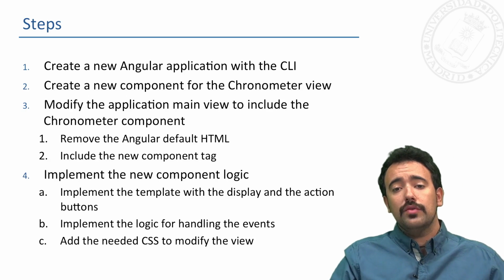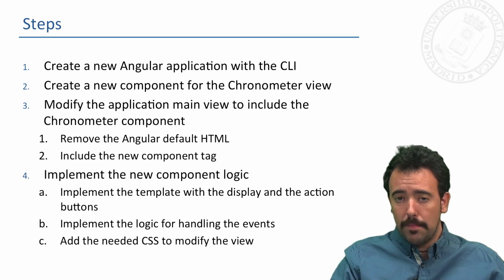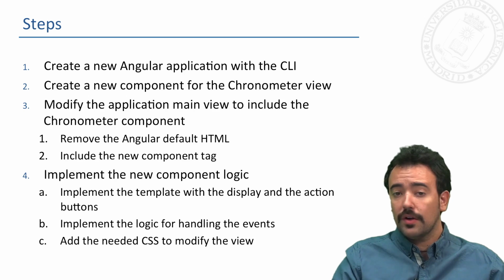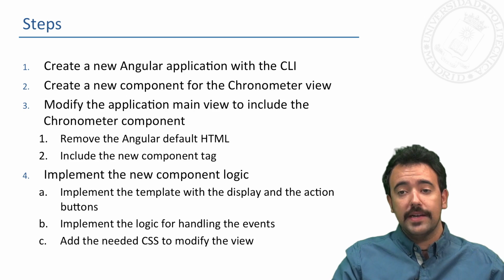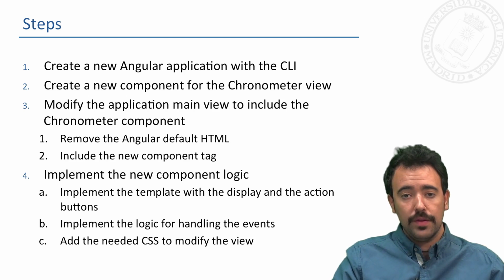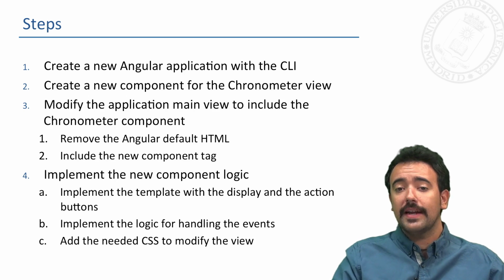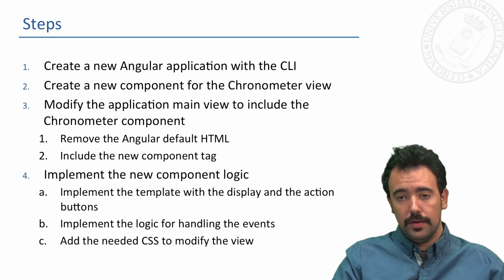The steps we are going to follow in order to develop our chronometer are the ones you can see in this slide. First of all, we will create a new Angular application with the command line interface tools, and also using these tools we will create our new chronometer component.